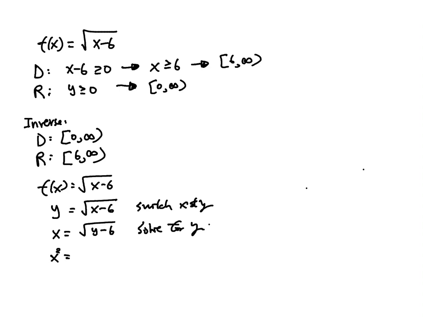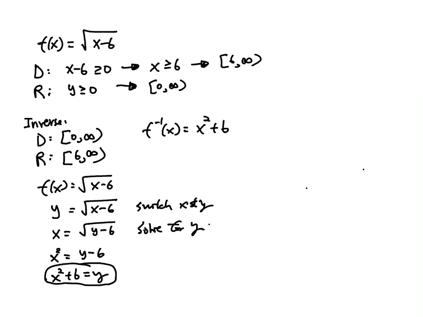Square both sides, and x squared plus 6 equals y. So our final answer is the inverse function is x squared plus 6, where the domain, x, is 0 or greater, and the range is 6 and up.